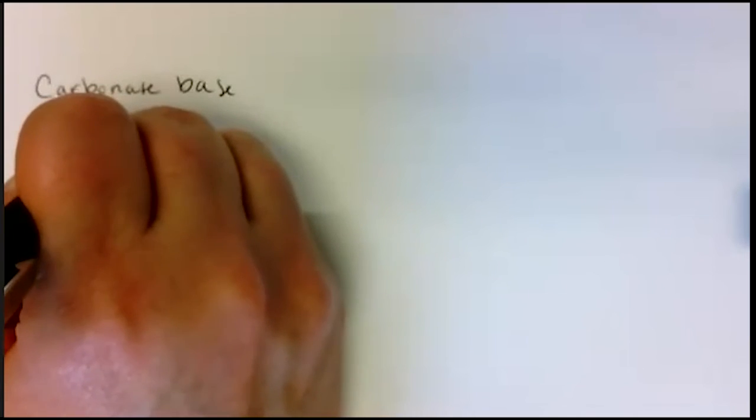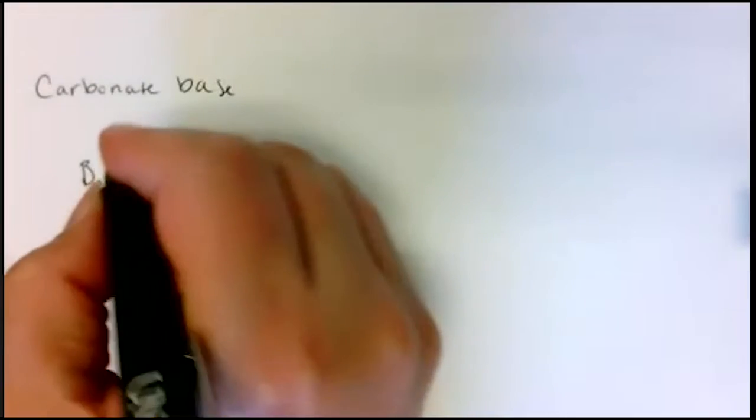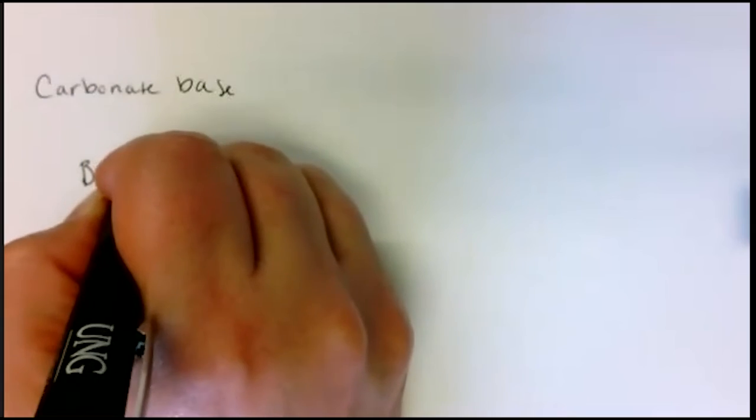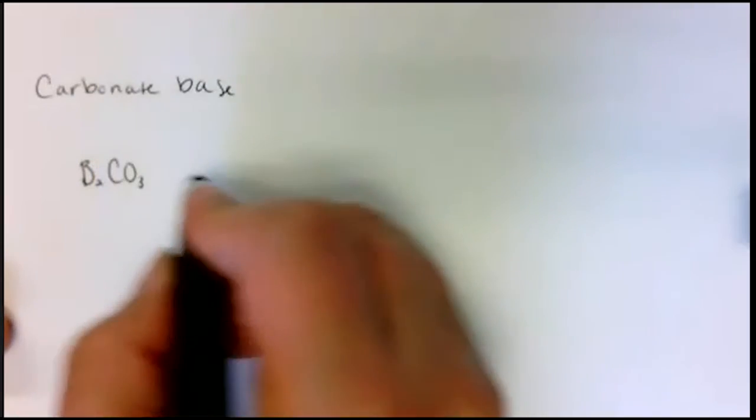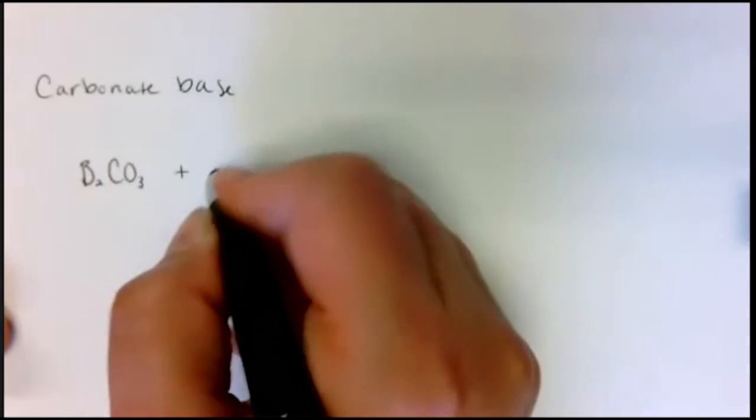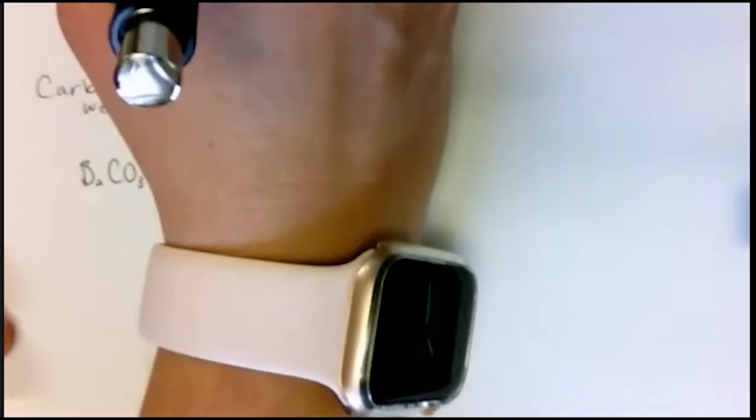This one's a little more common. So we're going to have some cation with our carbonate. Plus, as a note, carbonate is a weak base. Sulfide is also a weak base.